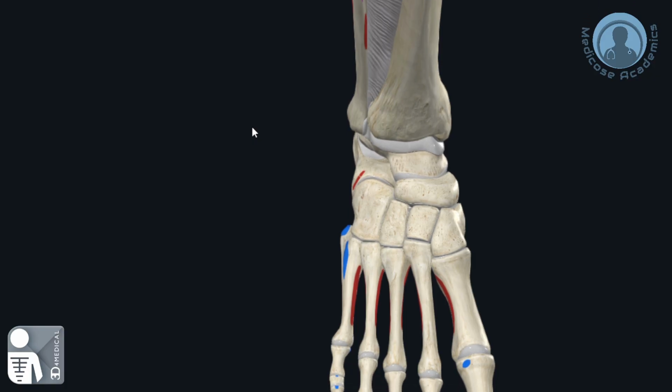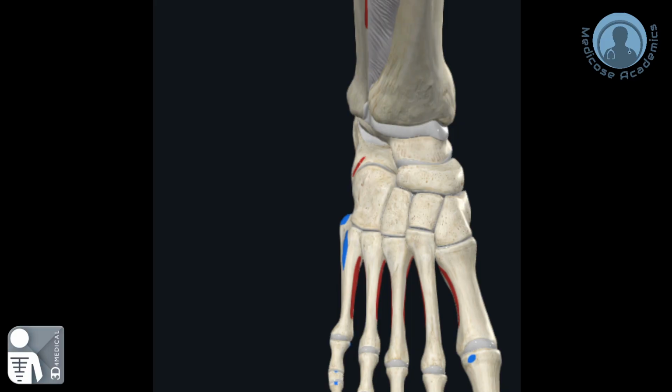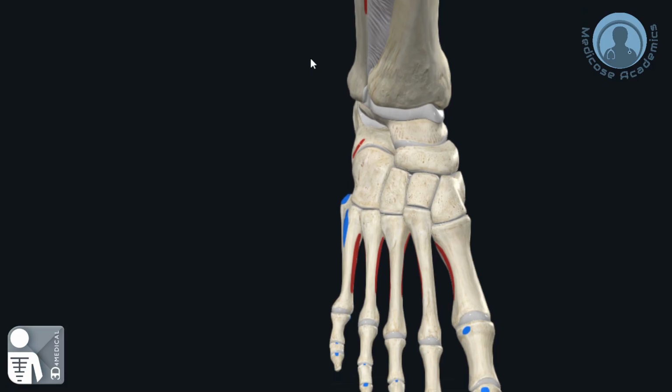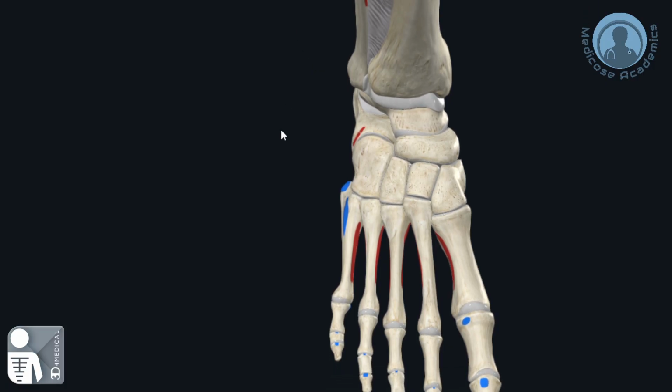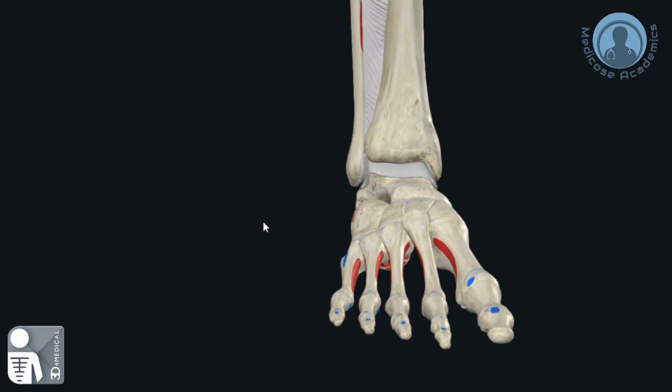Then we talked about its function: to extend the joints at the interphalangeal and metatarsophalangeal joints, and dorsiflexion at the ankle joint.